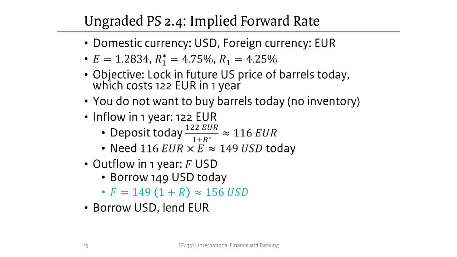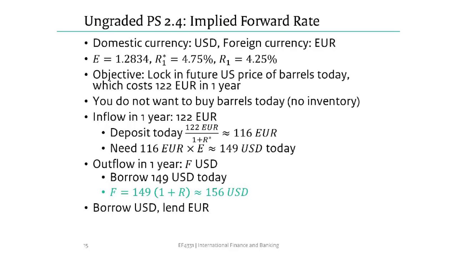What we can do is take some money that's lower than that, put it in the bank and let it grow so that we have 122 euros in the future. So we don't need 122 euros today. Let me emphasize again, you don't need 122 euros today.